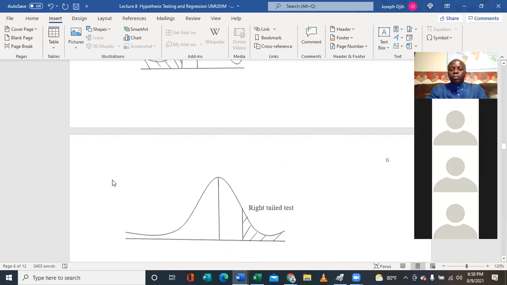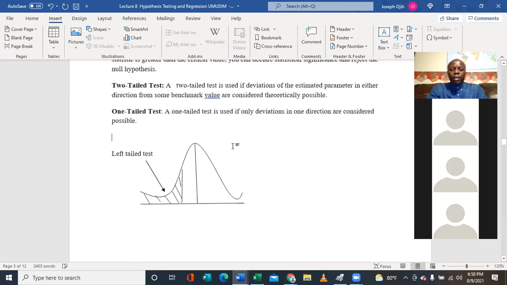But for left-tailed test, the hypothesis can be stated in this form. H0 can be mean greater than or equal to K, where K can be any number.